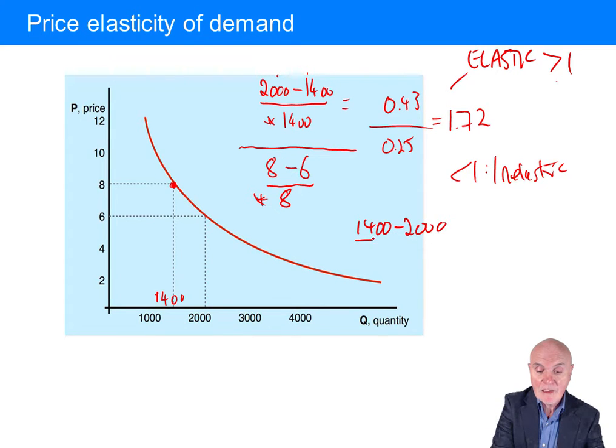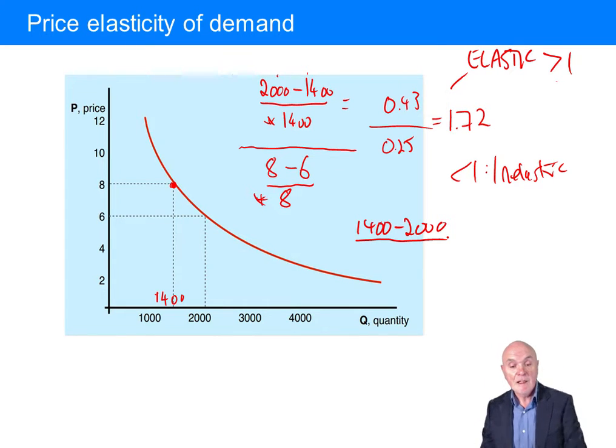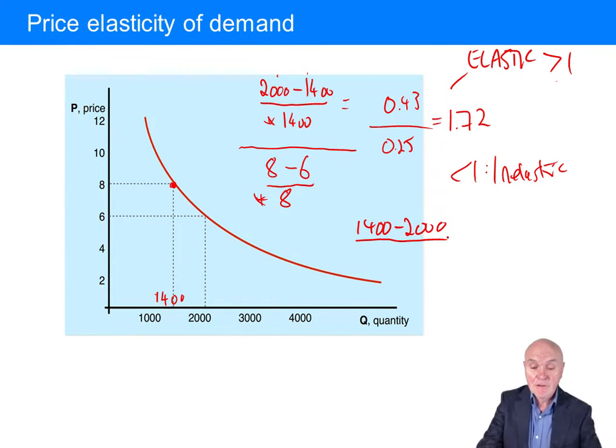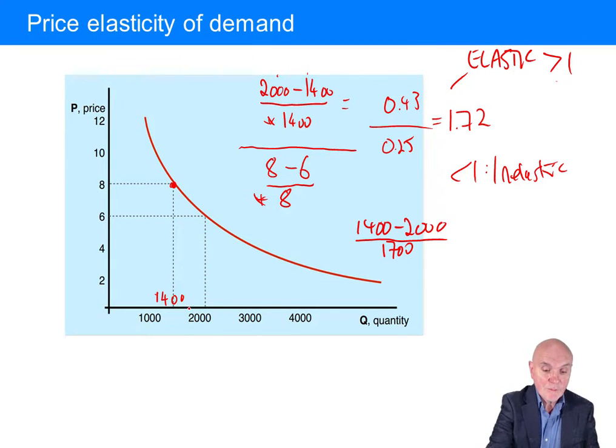But this time we're saying, let's take it on the midpoint of 1400 and 2000, and it's going to be 1700. So 1700 is 300 up from 1400 and 300 down from 2000. The midpoint of these two points is going to be 1700.